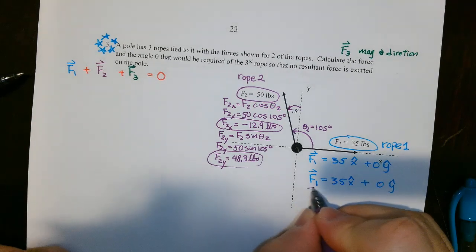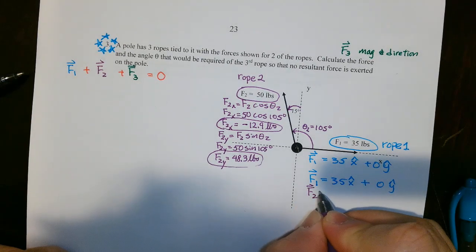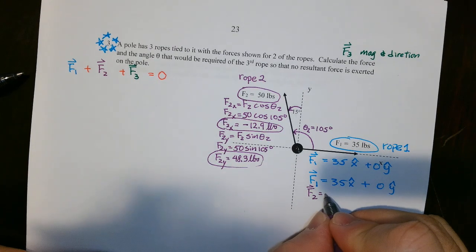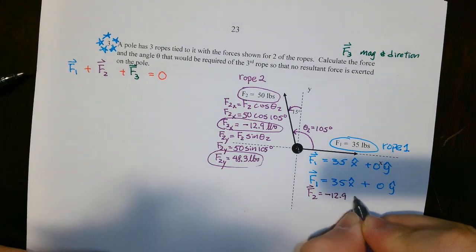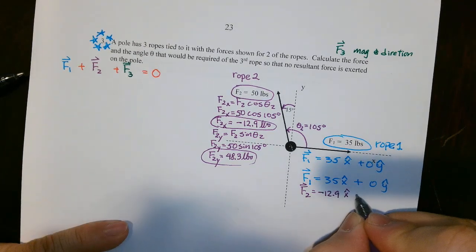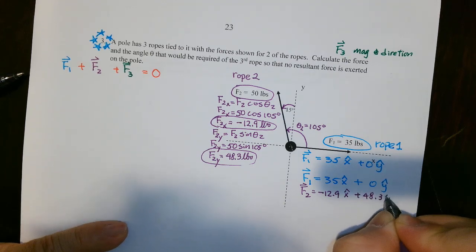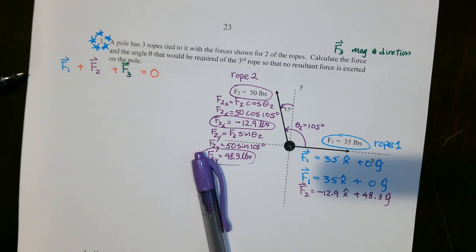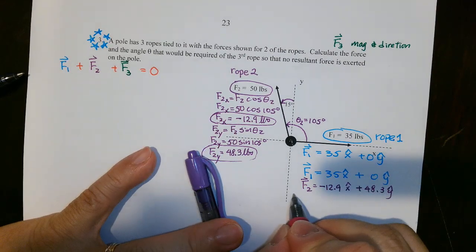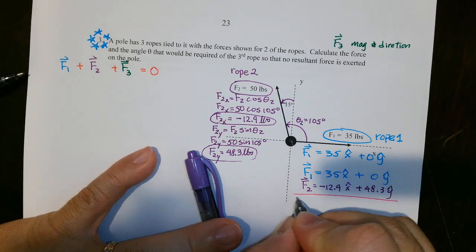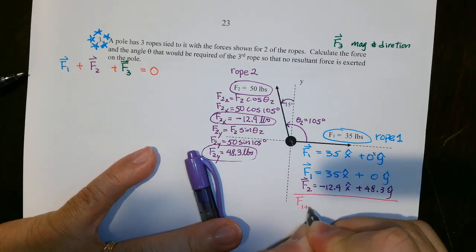And my F2 is equal to negative 12.9 x hat plus 48.3 y hat. So if I add these two forces up, I get a resultant force of 1 plus 2.